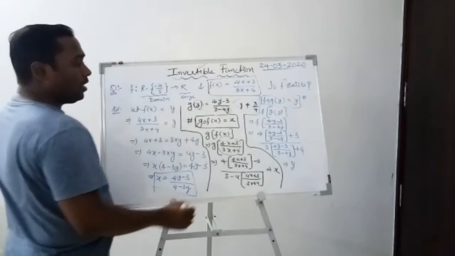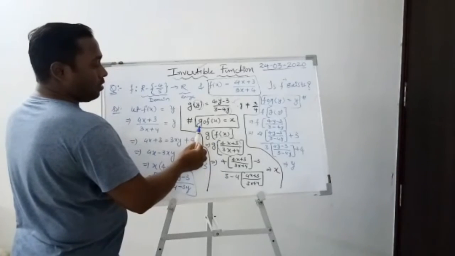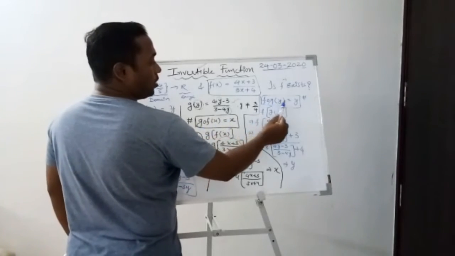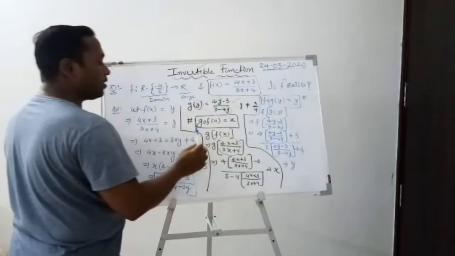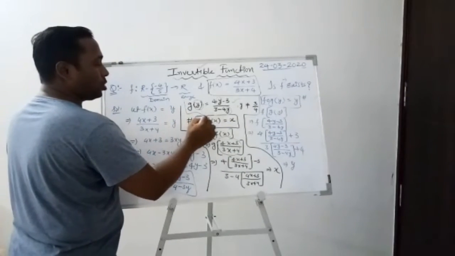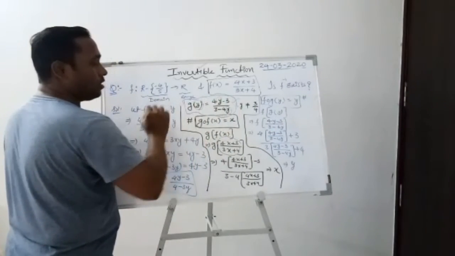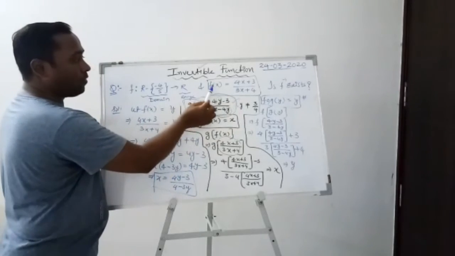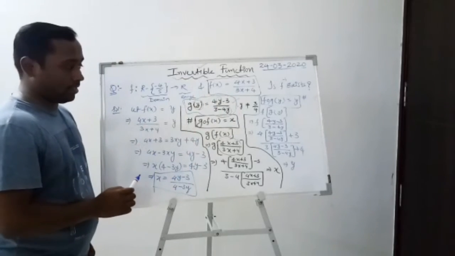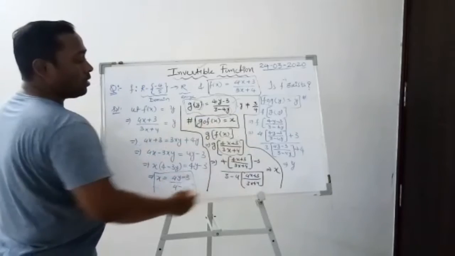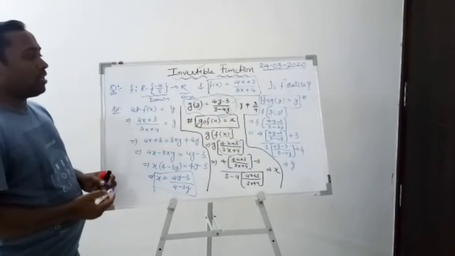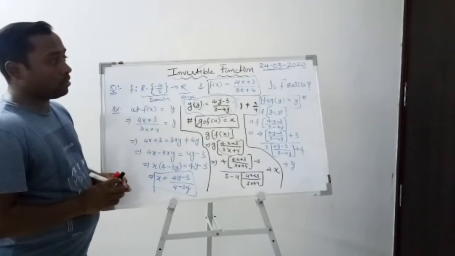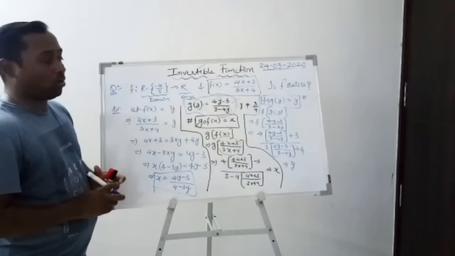So here we are able to prove that g circle f of x is equal to x, f circle g of y is equal to y. Hence, the g of y function which is defined in the process is called the inverse of this function f of x. So this is the concept to find whether the given function possesses an inverse or not.